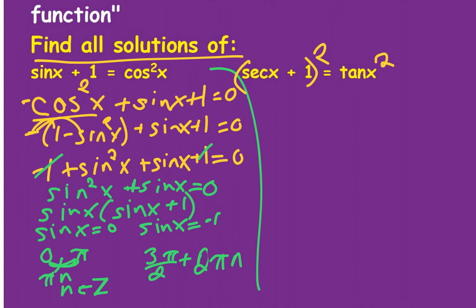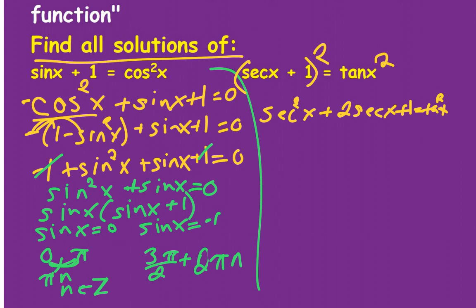And the reason I'm going to do it is because I know that on my Pythagorean identities I have a tangent squared plus 1 equals a secant squared, so that'll help me some. So I have a secant squared x, and don't forget to FOIL this. It's 2 secant x plus 1 equals tangent squared x.